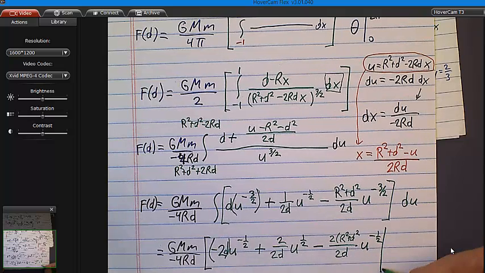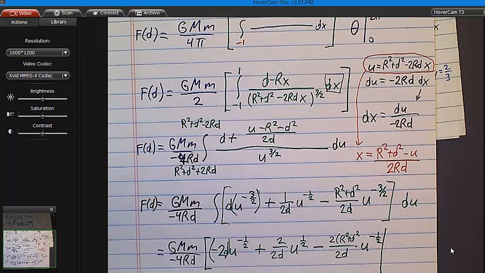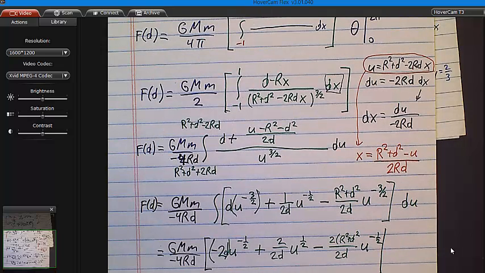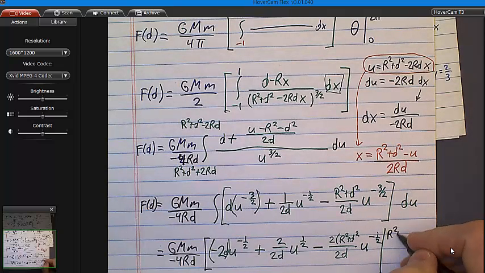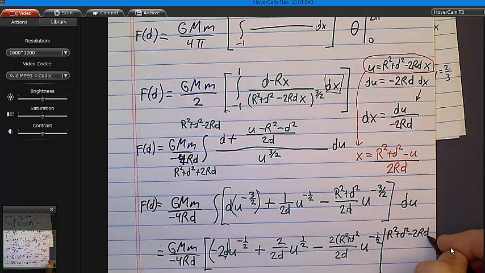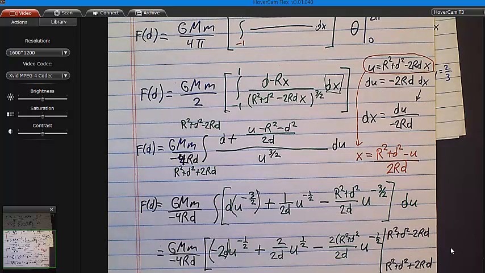And what goes on the bar here? Well, those are the things that I didn't write down last time, right? So we have to put in R squared plus D squared minus 2RD. And then we also have to put in R squared plus D squared plus 2RD. Let's factor those. Oh, yeah. Good idea.